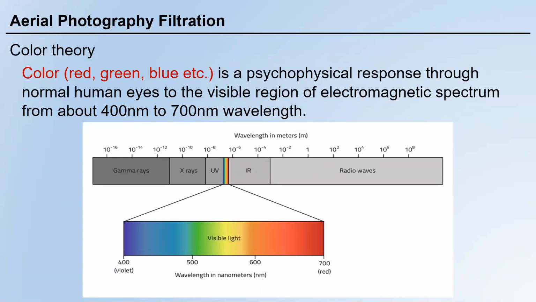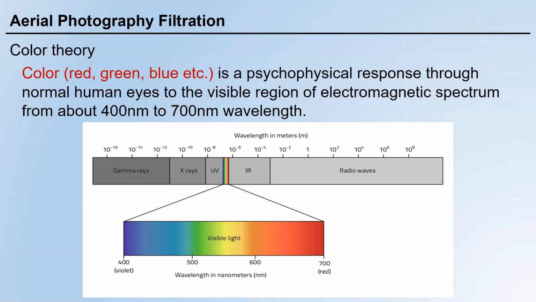So color is a concept to human beings. It is actually a psychophysical response through normal human eyes to the visible region of the electromagnetic spectrum, from about 400 nanometers, which is violet or blue, to 700 nanometers, which is red wavelengths. You should know that visible light, this concept, is defined for human beings.